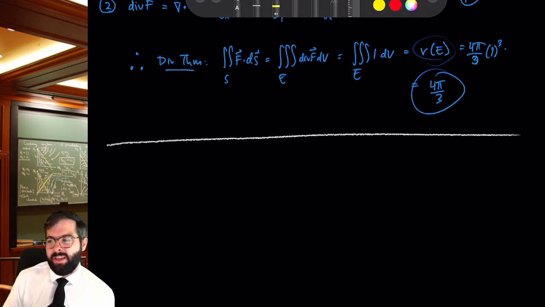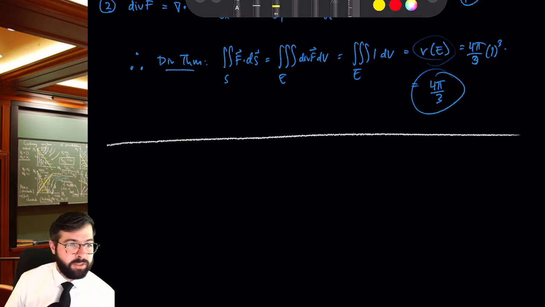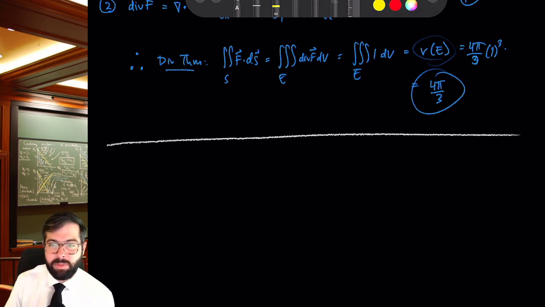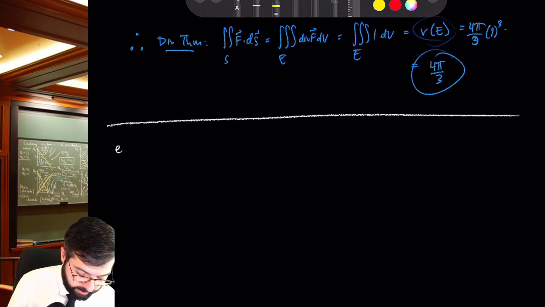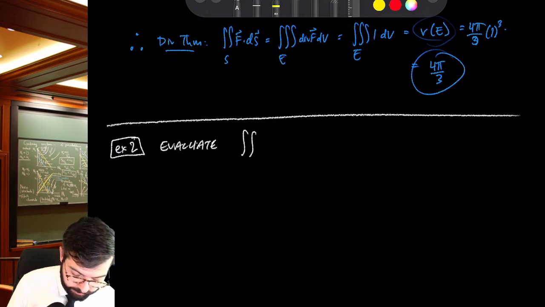I would say 70% of problems lend themselves in this way, that a volume integral can be easier than a surface integral to compute in terms of setting it up. So computing a flux integral using the divergence is the most common that I see, at least, in terms of just pure computation problems.